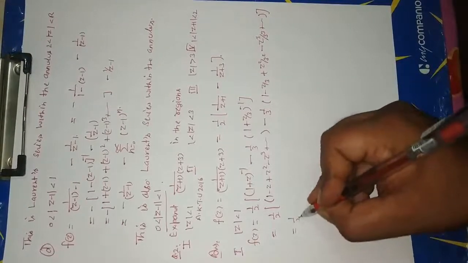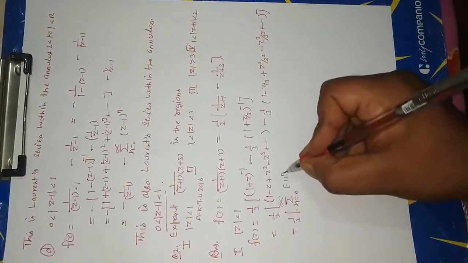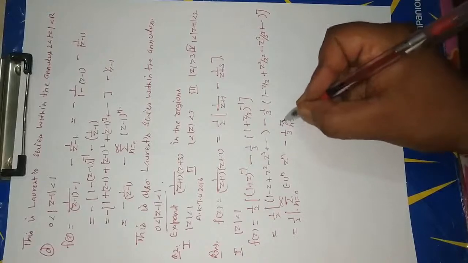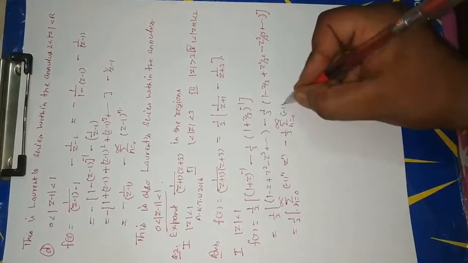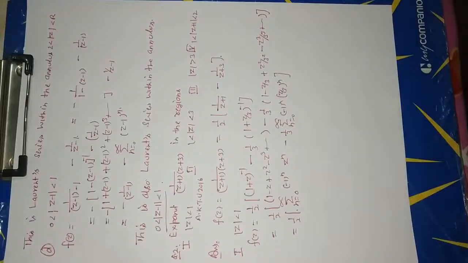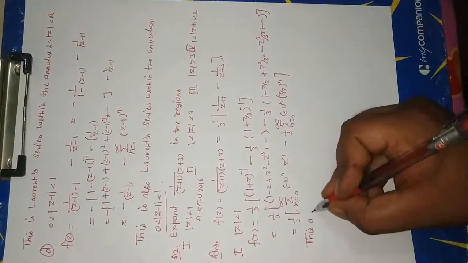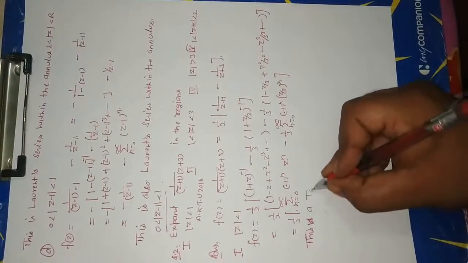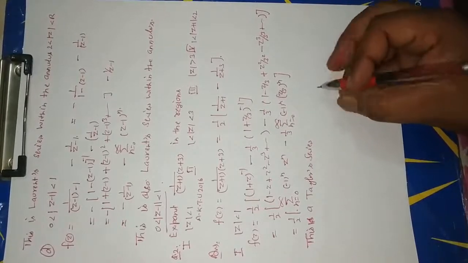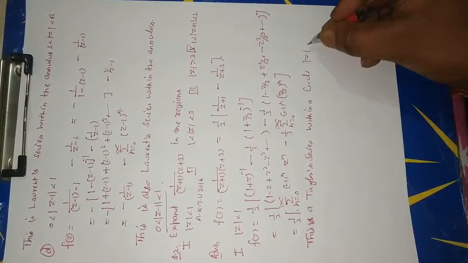Now this is equal to 1 upon 2 [summation n = 0 to infinity (−1)^n z^n − 1 upon 3 summation n = 0 to infinity (−1)^n (z/3)^n]. It is a Taylor series within a circle |z| = 1.